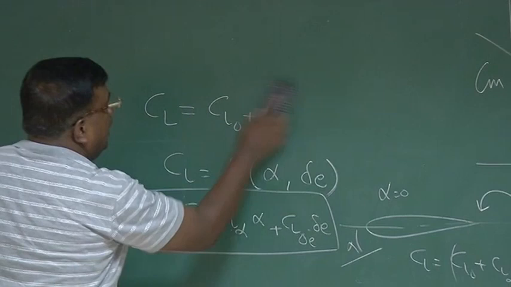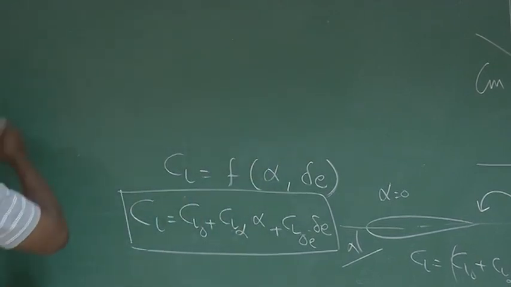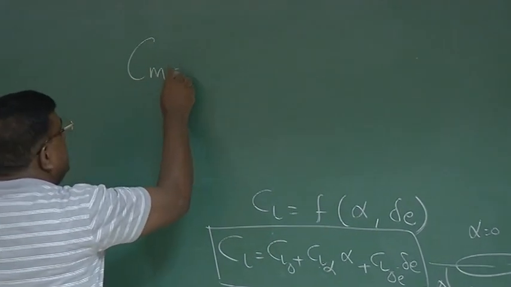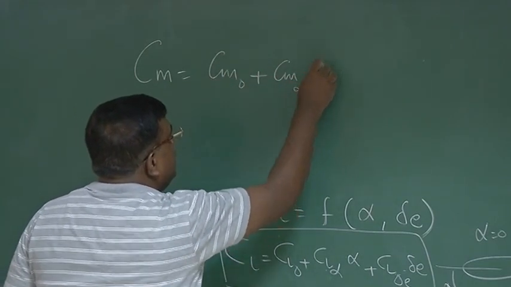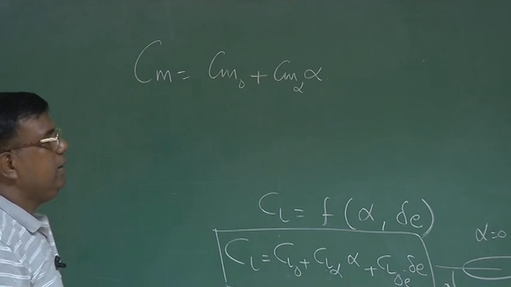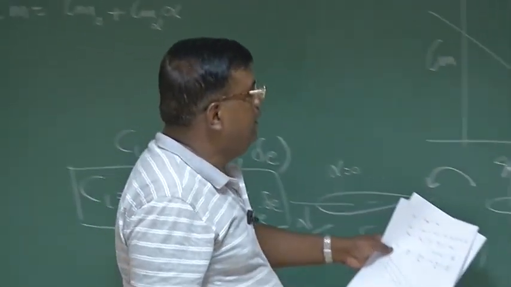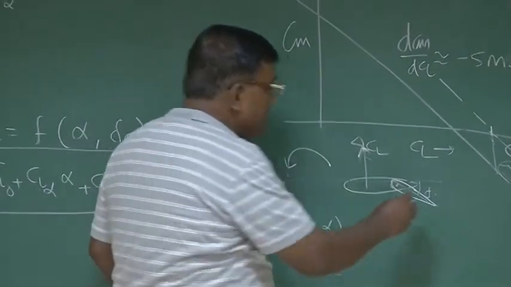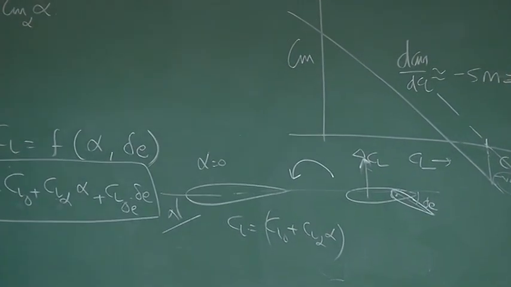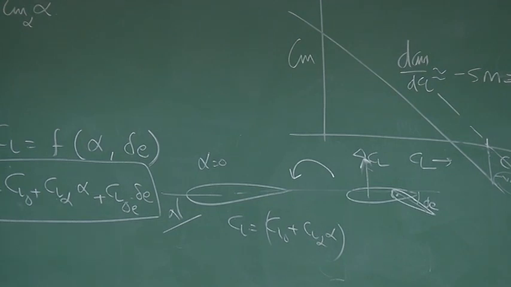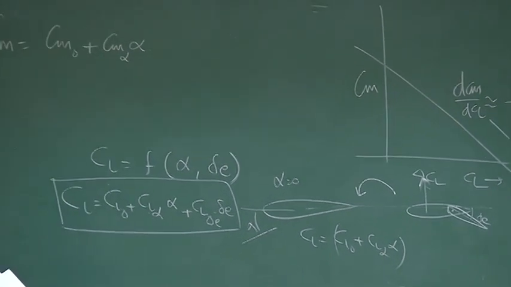So far I was writing the moment coefficient as Cm naught plus Cm alpha into alpha. Now what has happened? Because of delta E, deflection of elevator, there is a change in CL. Change is the correct word. It may increase, it may decrease the overall CL of the airplane depending upon which way it is deflected.